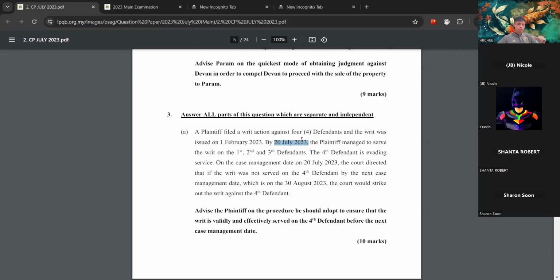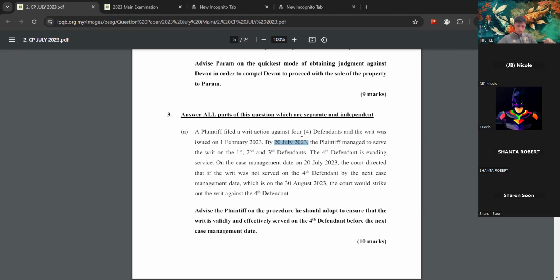That is the reason why you have to use Order 6, Rule 7, Sub 2 to renew the writ first. And the mode of application is by an ex parte notice of application supported by affidavit. Once the writ is renewed, then you can only proceed to apply for your substituted service.